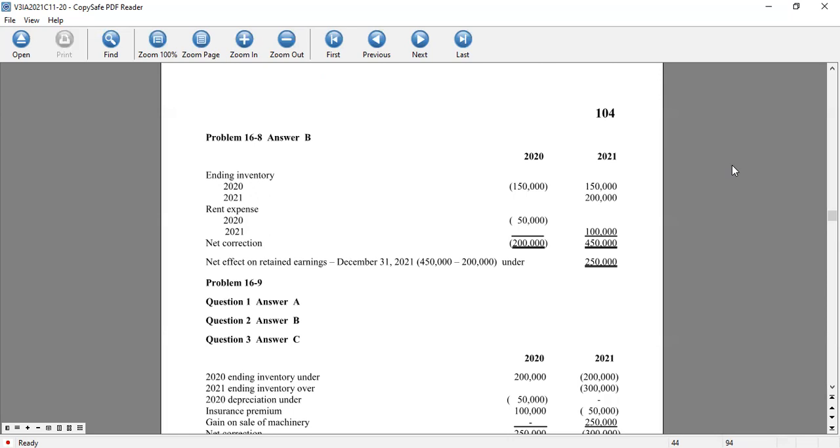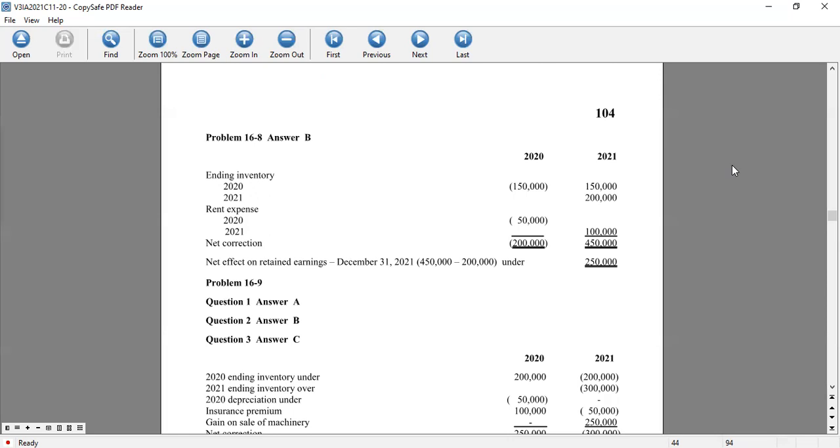Now, the net effect on retained earnings on December 31, 2021 will be 450,000 minus 200,000. So it's now letter B, 250,000 understated. Next, we go to problem 16-9.